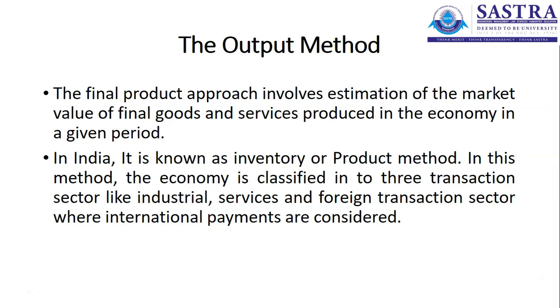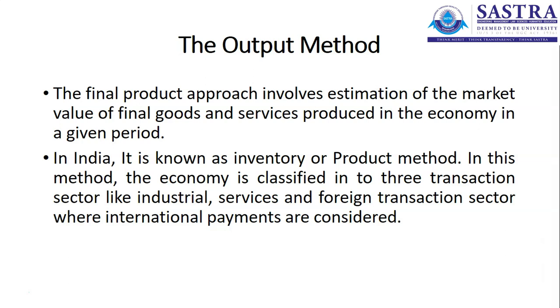In this particular method, the economy is classified into the 3 major transactions that happen in the economy: the industrial sector, the services sector, and the foreign transaction sector. In the foreign transaction sector, international payments are also considered when we do the calculation.